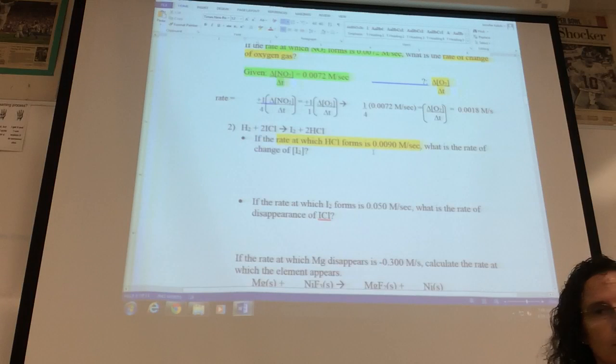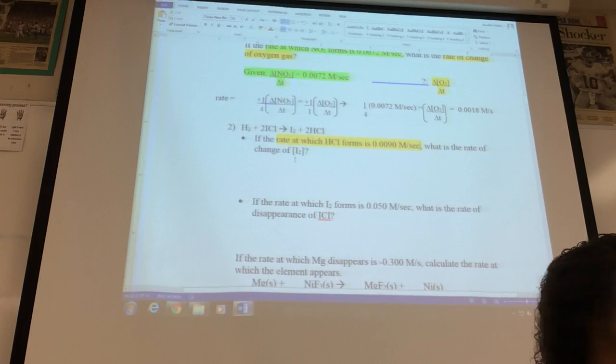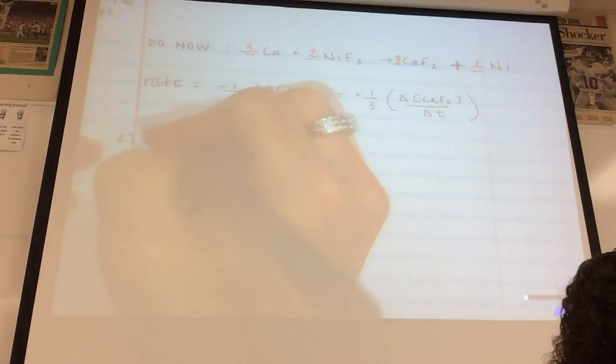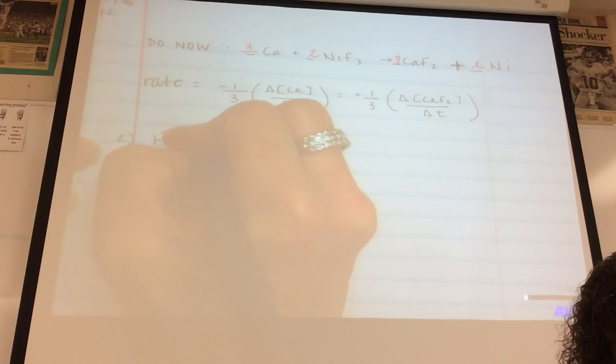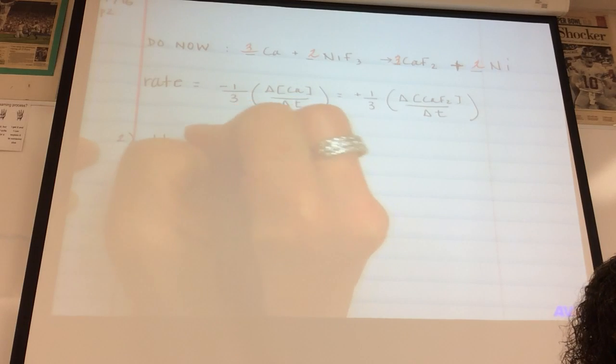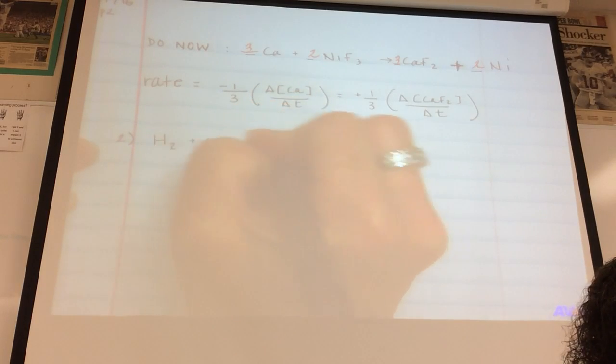So that's what's given, and we want to know the rate of change of iodine. Okay, so the first thing we do, I'm going to rewrite the equation for you so it's right in front of me and everything is together on the page. You don't have to rewrite this. This is in your notes.